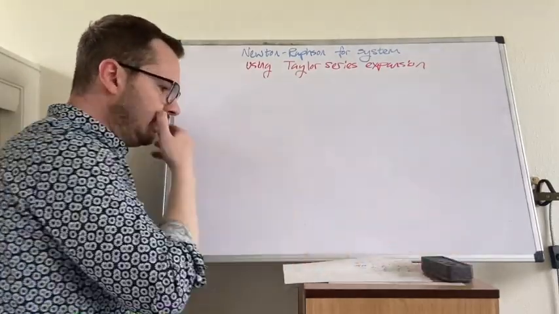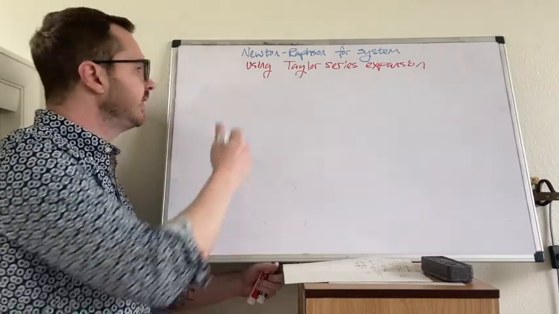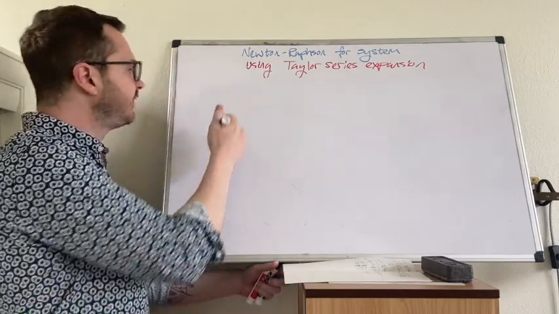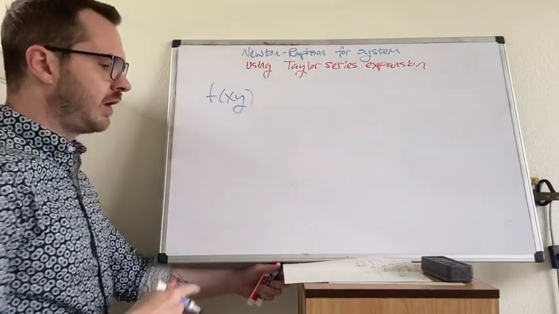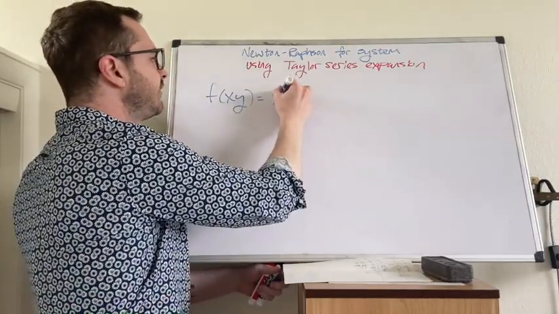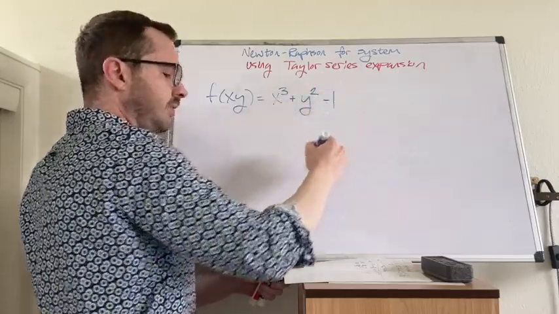Okay, let's say our first function, f, let's do f of x, y. Let's say that this is equal to x cubed plus y squared minus 1.